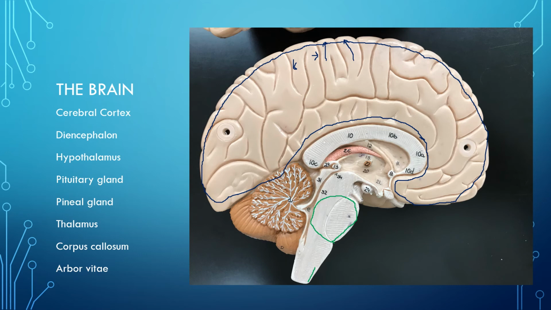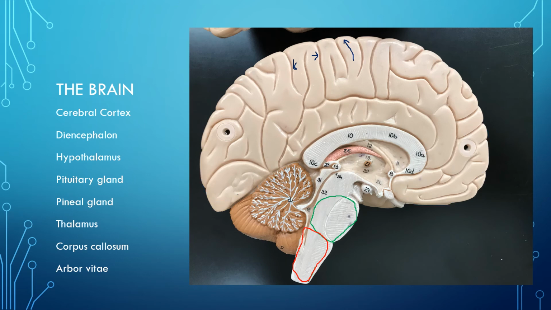This down here that I started highlighting before, this is the medulla oblongata. It's an extension of the brain stem that's going to be continuous with the spinal cord. So it's going to help transmit information from the spinal cord up to the brain and from the brain down to the spinal cord.